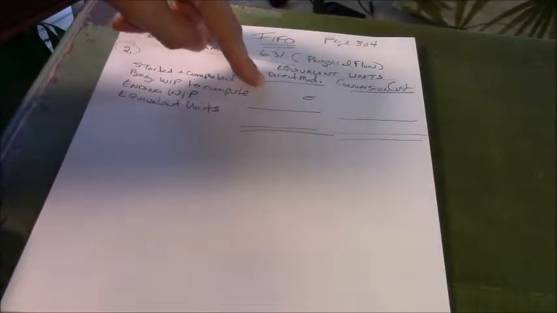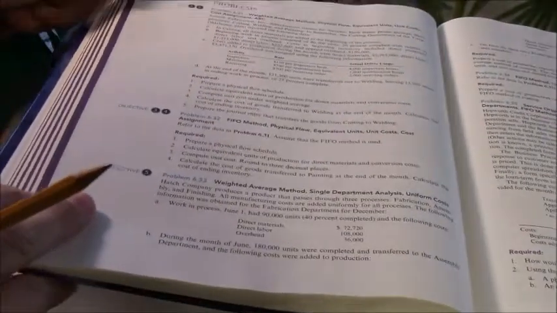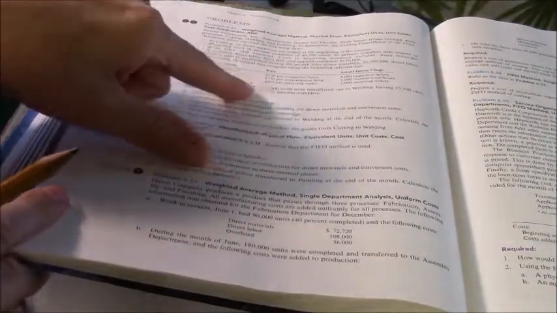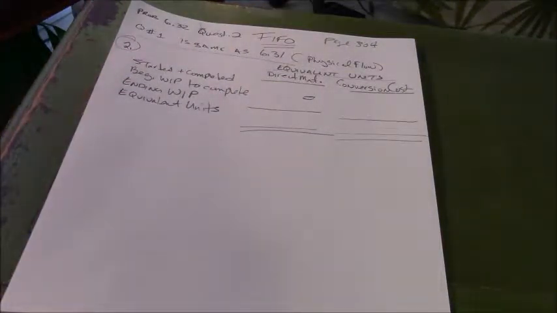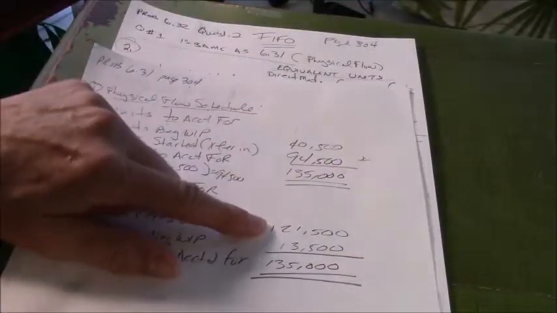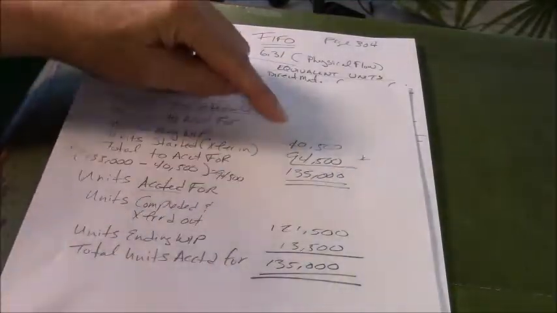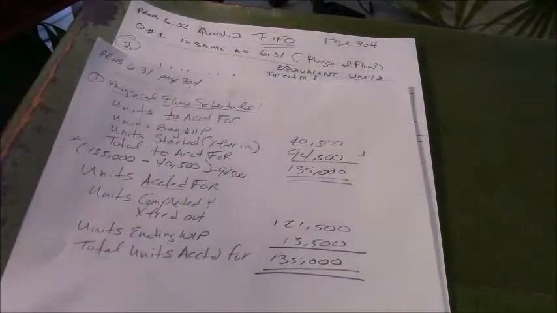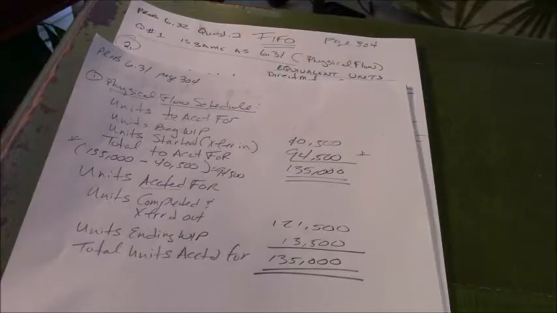So we know that what got completed was 121,500 units, right? Of those 121,500 units, we know 40,500 of them were beginning work in process, and we are going to assume that those were part of those.